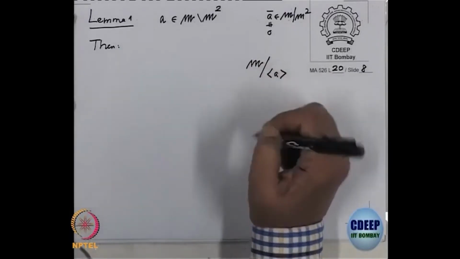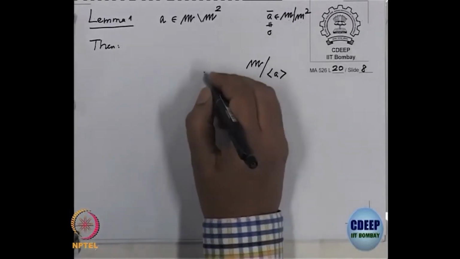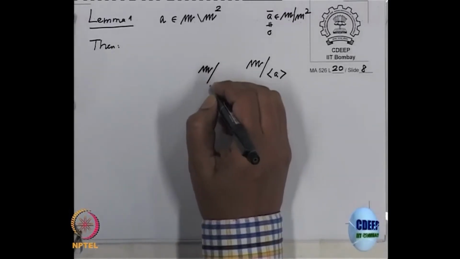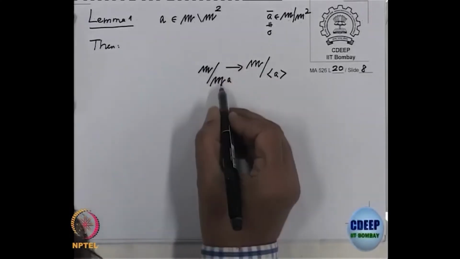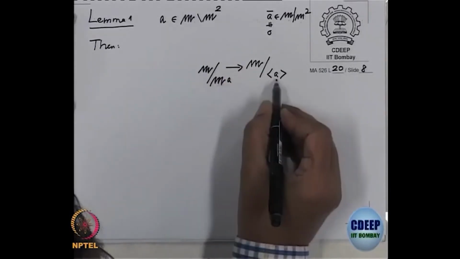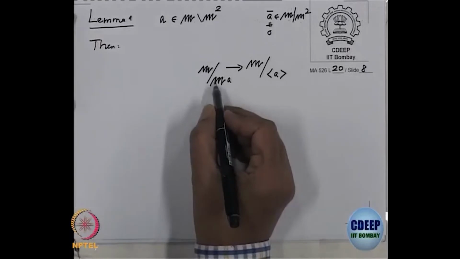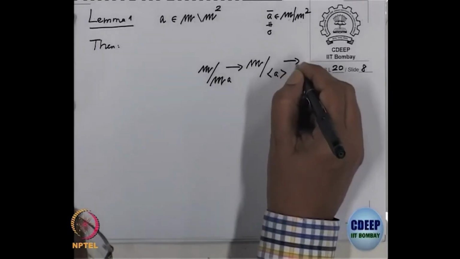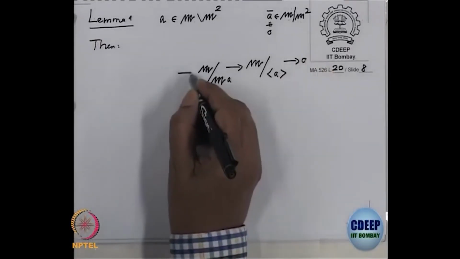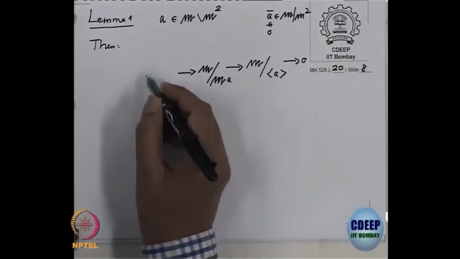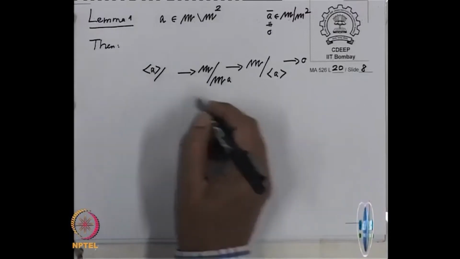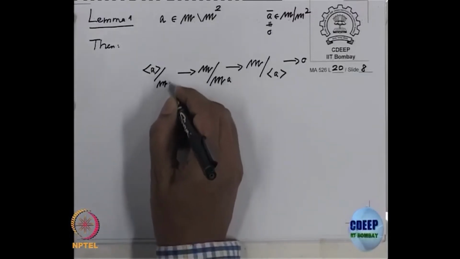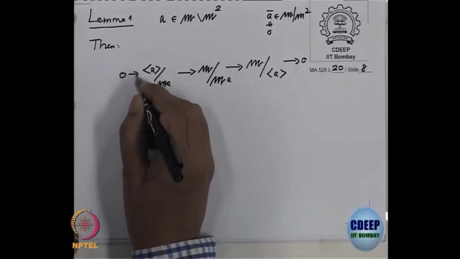So we have this quotient, and from M mod Ma to M mod (a) there is a natural map. This ideal is bigger than this, so there is a surjective map here, and the kernel is the principal ideal (a) mod the ideal Ma. So this sequence is exact.